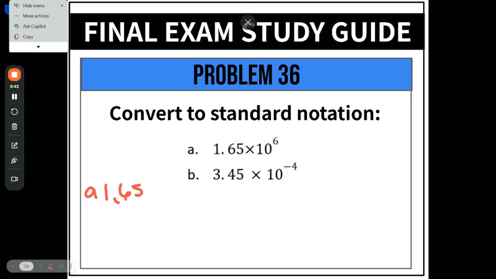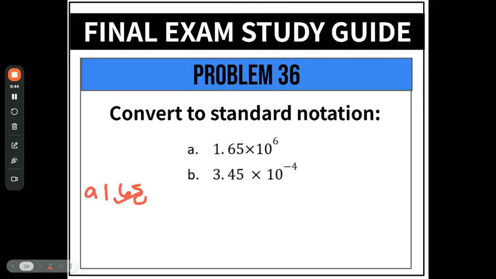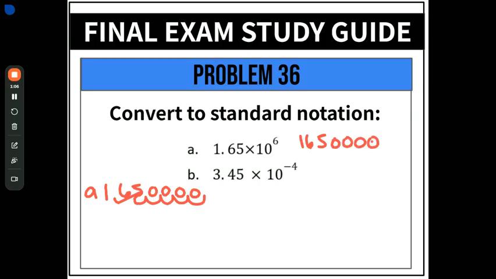So from here, I'm going to go 1, 2, 3, 4, 5, 6. What I like to do is put zeros in each of these little baskets that I've created. And so this leaves me with my number 165 and then 4 zeros. 3, 4. 1,650,000.